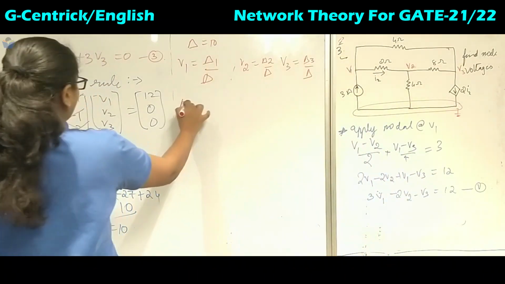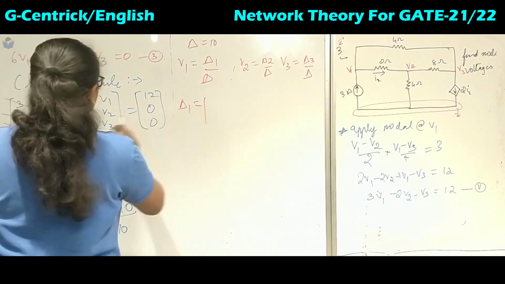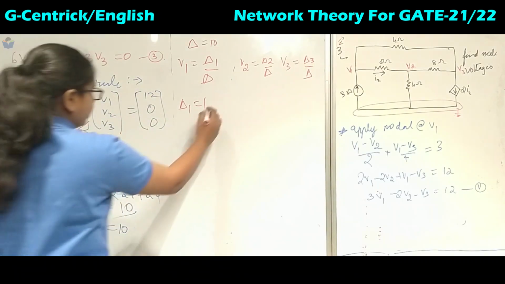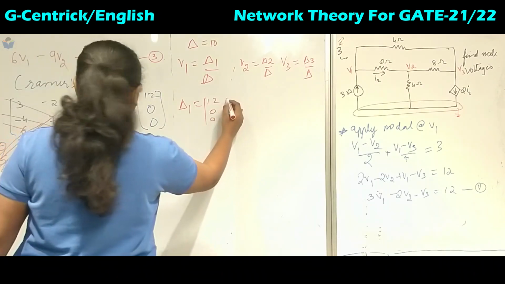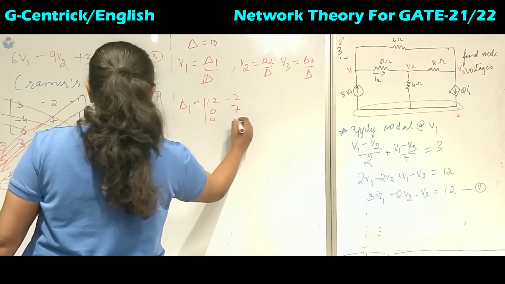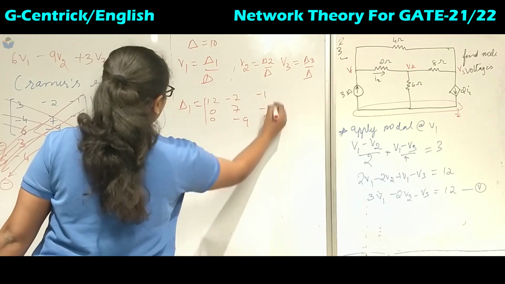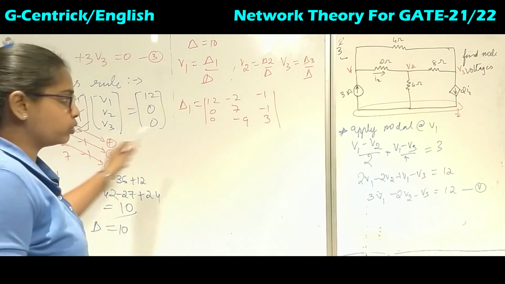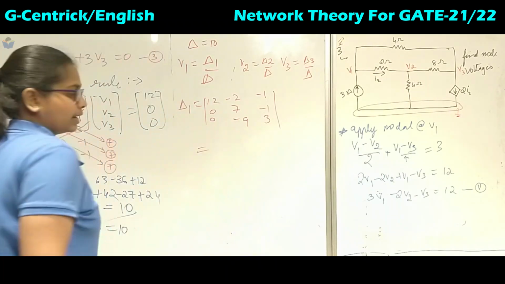Now this is Cramer's rule. To find the value of del 1, write this as it is. We have to remove the first column and replace it with 12, 0 and 0. Then write the rest of the columns as it is: minus 2, 7, minus 9, minus 1 and 3. Now you can use either this method to find the determinant, or you can use directly the normal one.